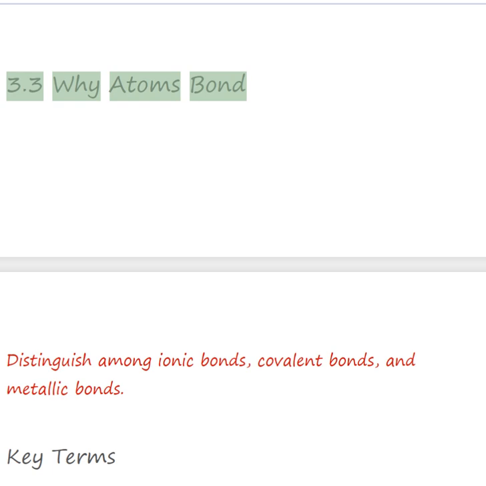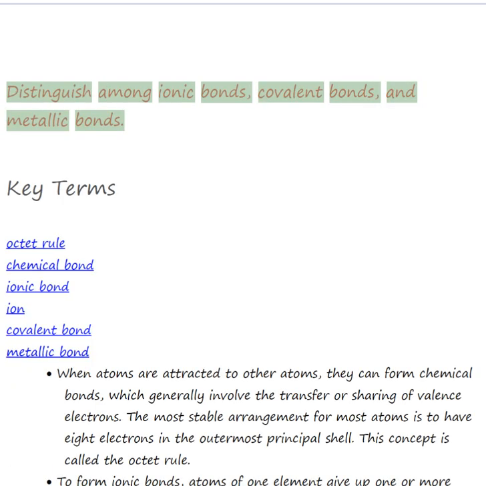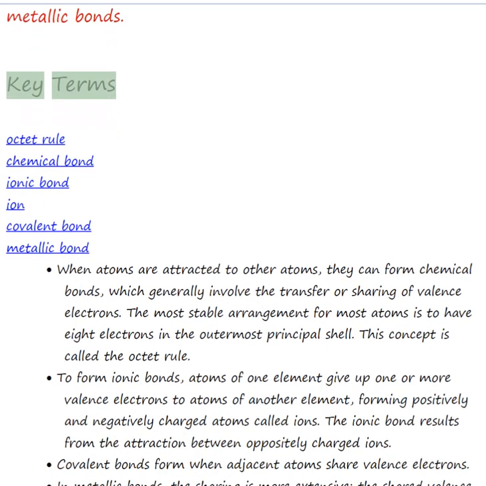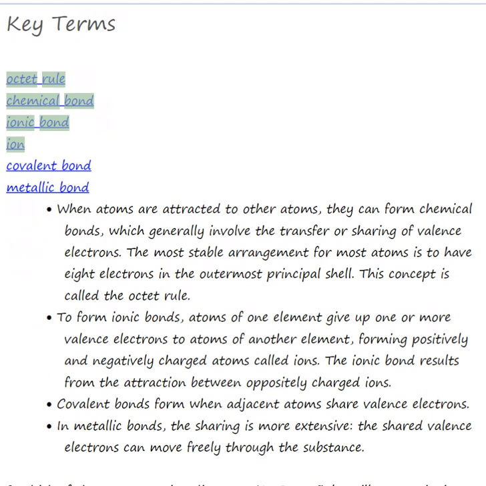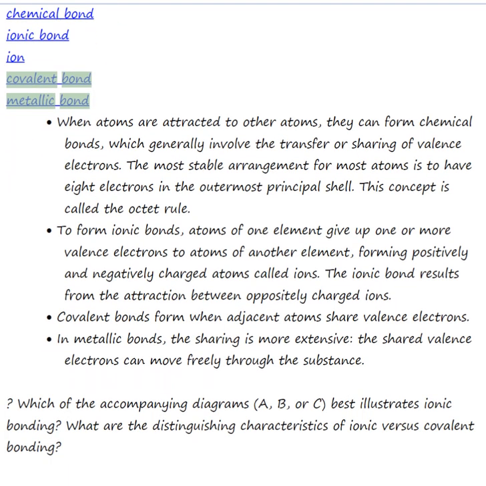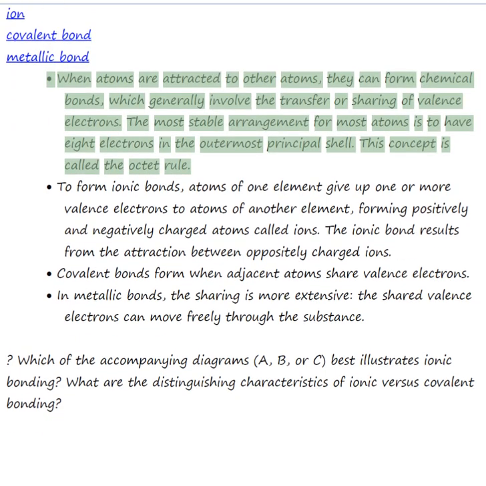3.3 Why atoms bond. Distinguish among ionic bonds, covalent bonds, and metallic bonds. Key terms: octet rule, chemical bond, ionic bond, ion, covalent bond, metallic bond. When atoms are attracted to other atoms, they can form chemical bonds, which generally involve the transfer or sharing of valence electrons.